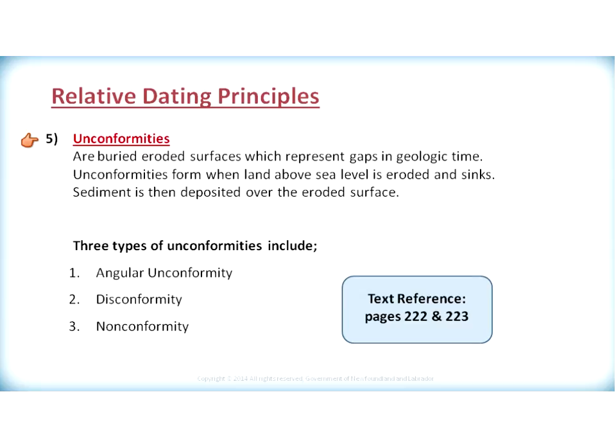Sediment is then deposited over the eroded surface and buries the erosional surface. These buried erosional surfaces can exist in 3 different types of unconformities, and they include number 1, an angular unconformity, number 2, a disconformity, number 3, a nonconformity. Information on unconformities can be seen in the text on pages 222 and 223.